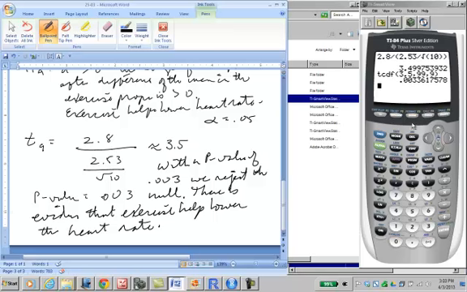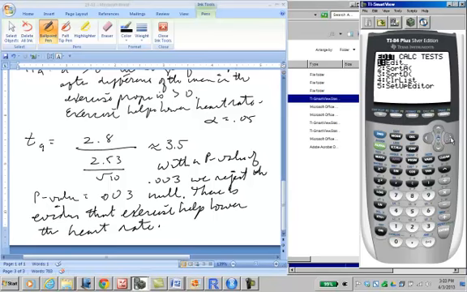Oh, let's do it using the calculator. So we'll go stat and then tests. Now we're simply going to do a t-test, number 2, and we'll use data, and we're going to use L3 as our data.